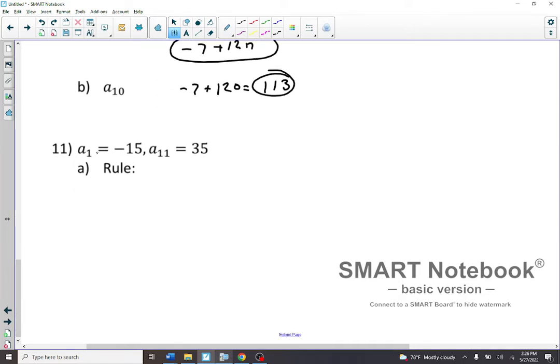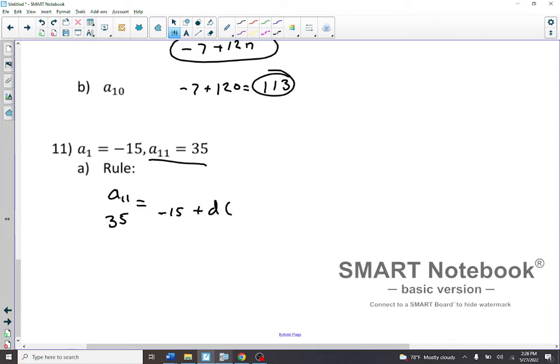This one, A1 is negative 15, A11 is 35, so I need a pattern between this. Well, since I know A11, which by the way is 35, equals A1, which I know is negative 15, plus the D value, which I don't know what that is yet.